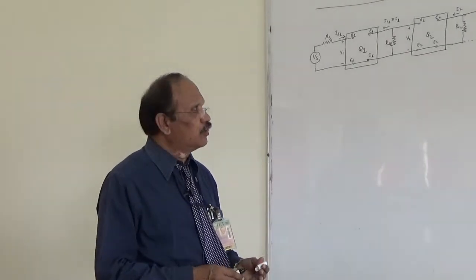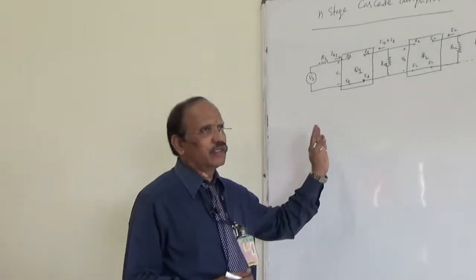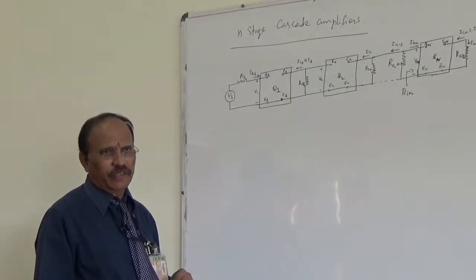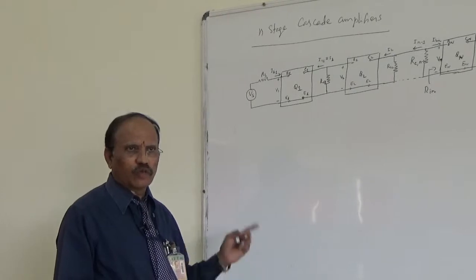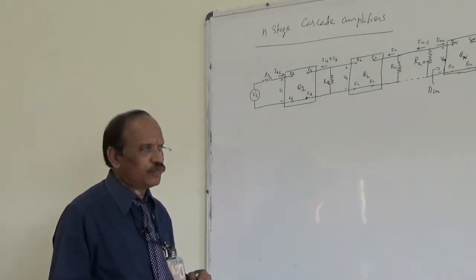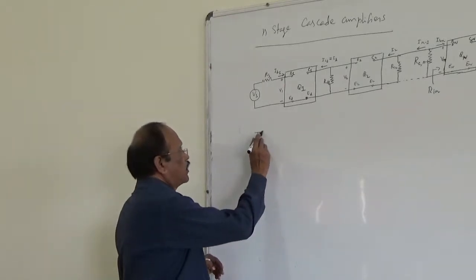Now let us see how to determine the overall current amplification of the n-stage amplifier, using which we can determine the overall voltage gain directly instead of finding each and every stage voltage gain. So, the current amplification or the current gain.